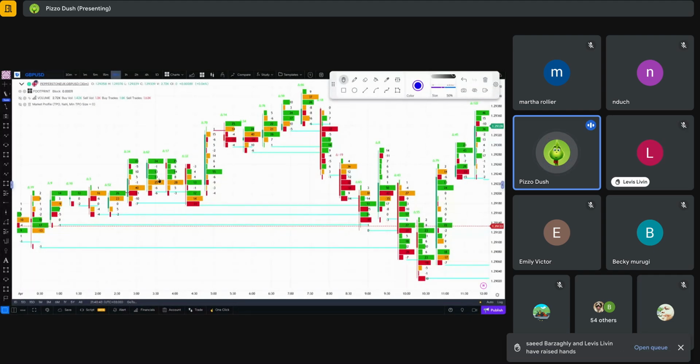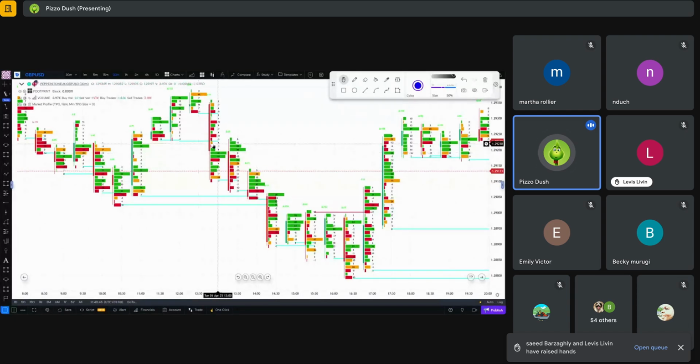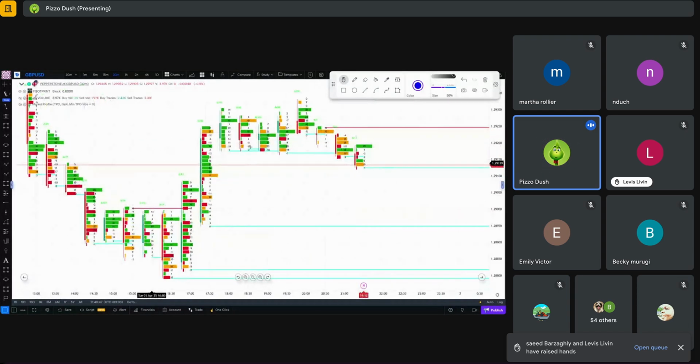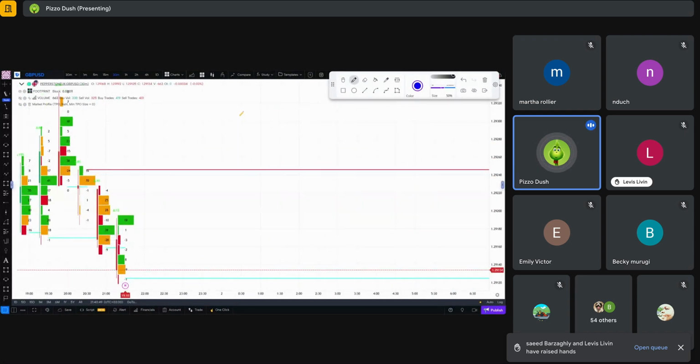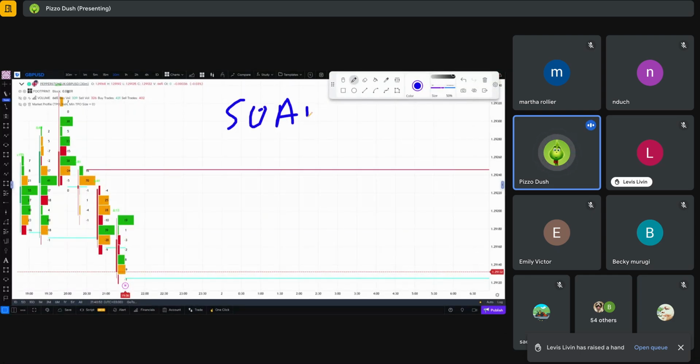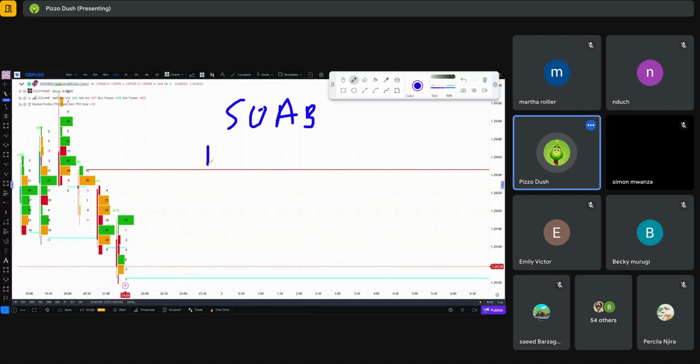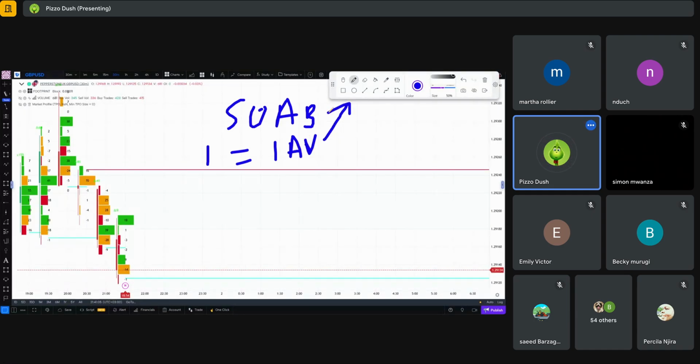So according to the information we've covered, let's do the signs of aggressive bias. What are they? Number 1, increasing ask volume. If you see ask volume or buy volume increase, that's a sign of an aggressive buyer. Number 2, large positive delta.